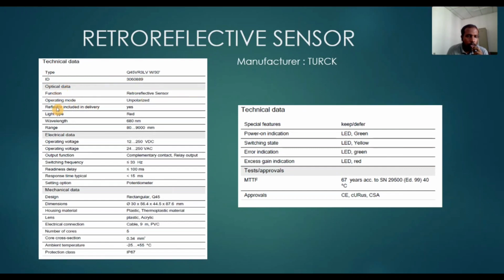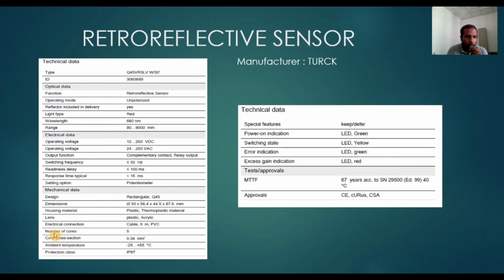Operating mode is unpolarized, reflector included, LED yes, light type is red, wavelength is 600 nm, range is 80 to 9000 mm, operating voltage is 12 to 250 VDC and 24 to 250 VAC. Output function is complementary contact or relay output. Switching frequency is less than or equal to 33 Hz. Readiness delay less than or equal to 100 millisecond. Response time is less than 50 millisecond. The setting option is potentiometer.